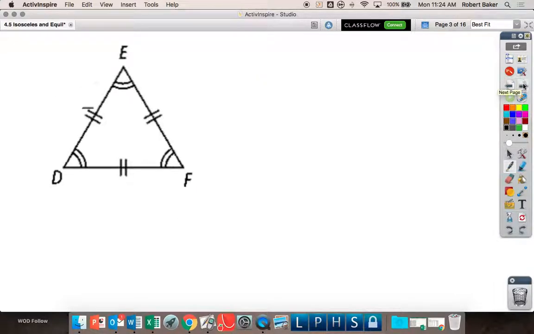What do you call this triangle? Equilateral. Okay, so this is an equilateral triangle. What is an equilateral triangle? A triangle with at least 3 congruent sides.